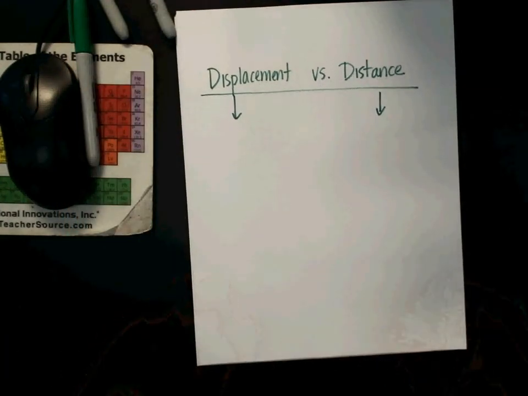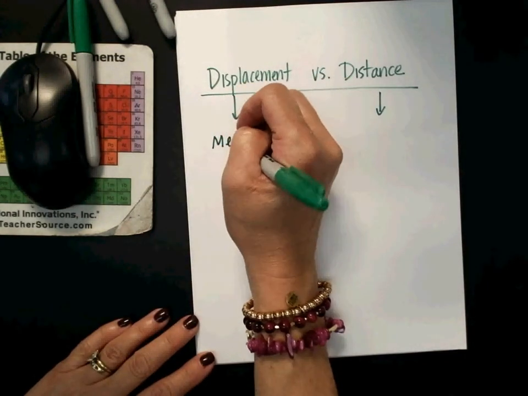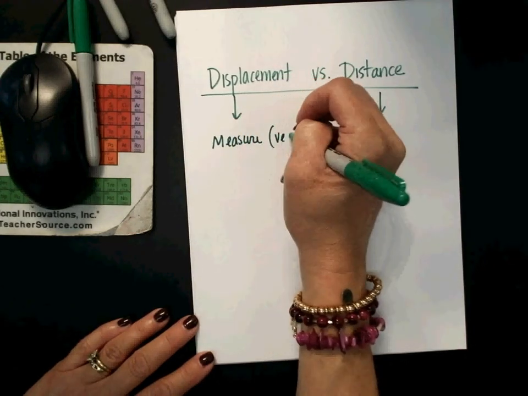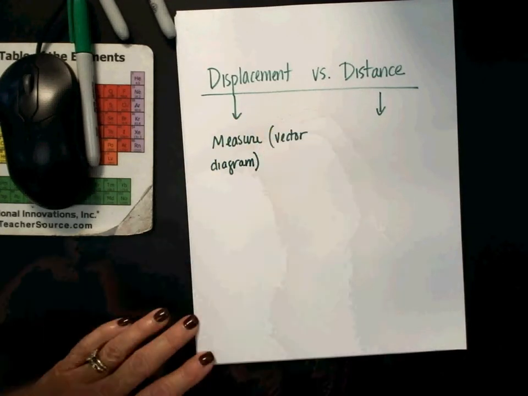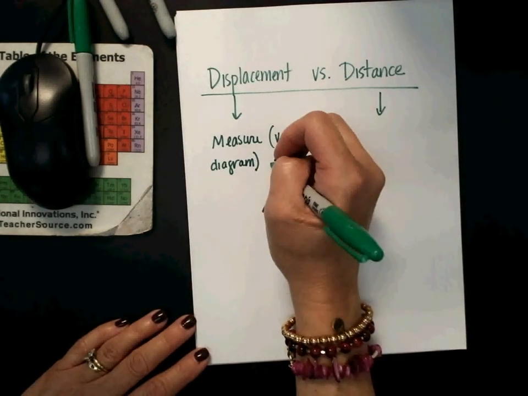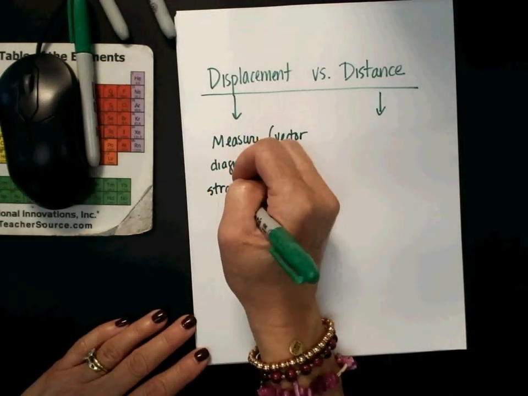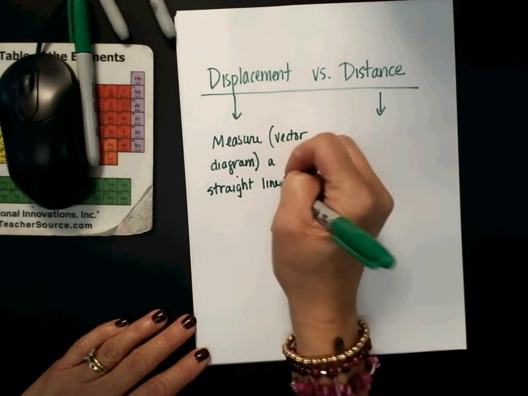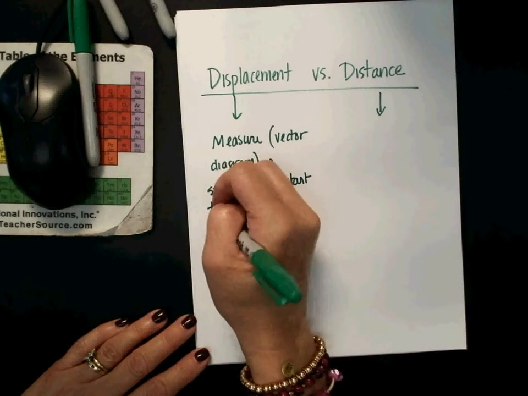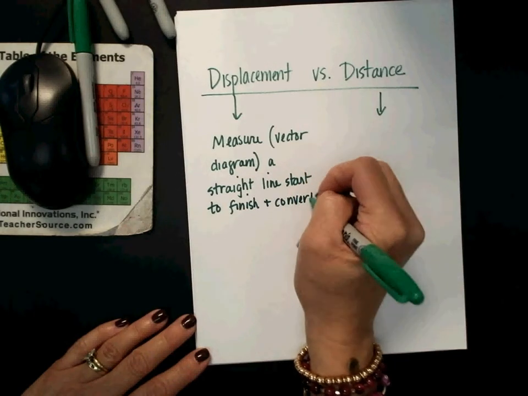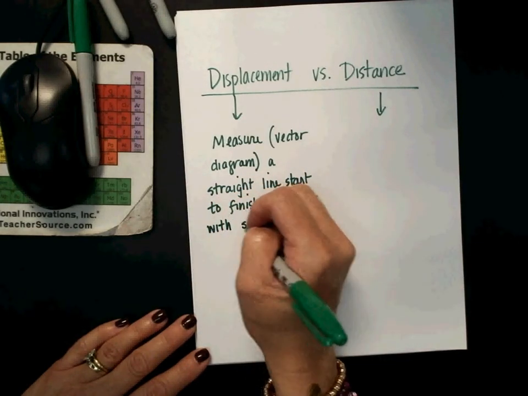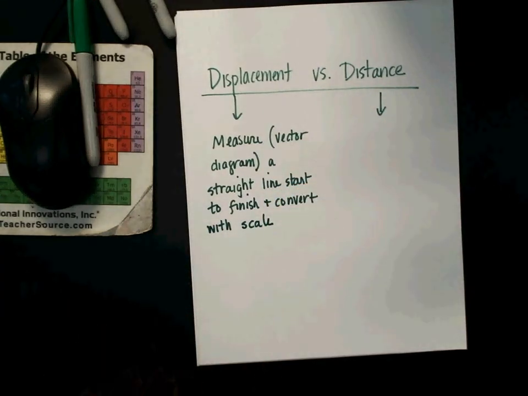If you're doing vector diagramming and you're talking about displacement, you're going to measure a straight line, start to finish, and convert with your scale. If I'm measuring distance, it's something different.